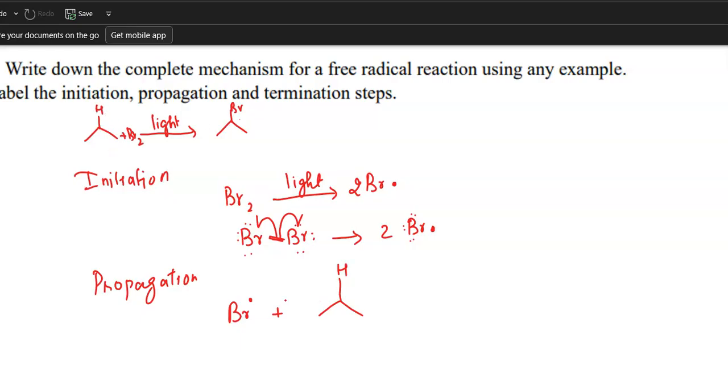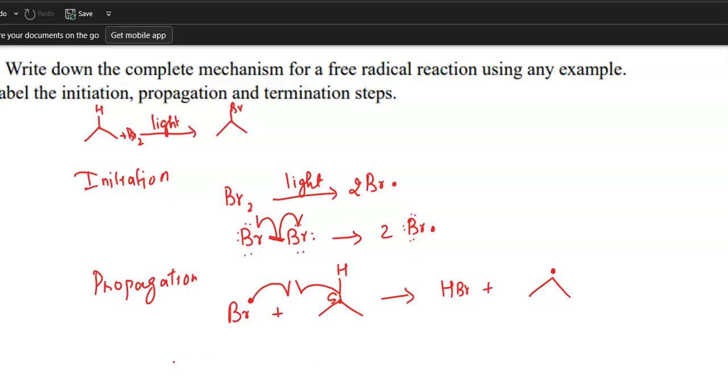So I'll put the hydrogen there, and then the way we will draw the arrows is from the bond to a homolytic bond formation, and then the other electron actually goes and stays at the carbon atom here. So what we get is HBr as one product, and then the other radical that's formed is this one. Okay. So since in a propagation you always end up with the formation of a radical on the product side, this could be a propagation step.